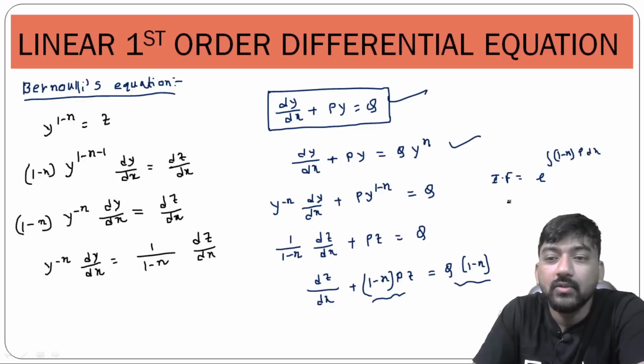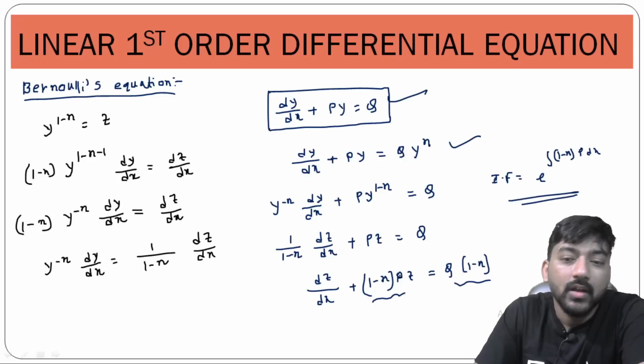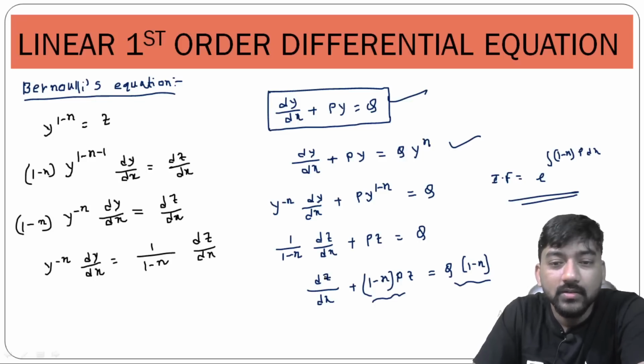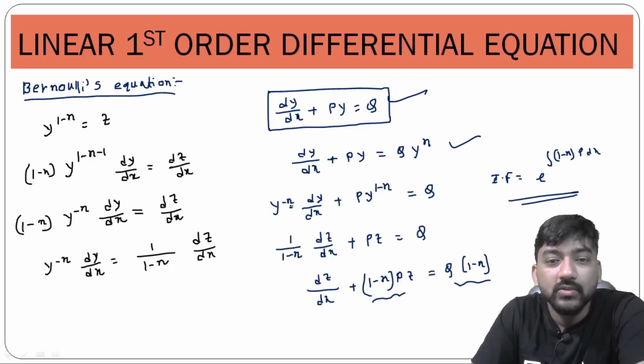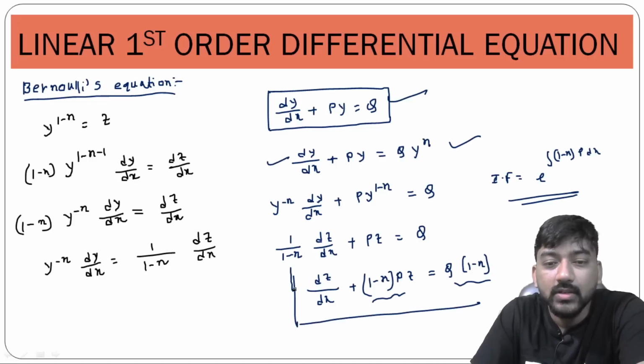This is how you can solve it, and you can understand better with an example also. This is the procedure for how you can convert this equation into the Leibniz form, where there is no coefficient of dz upon dx.